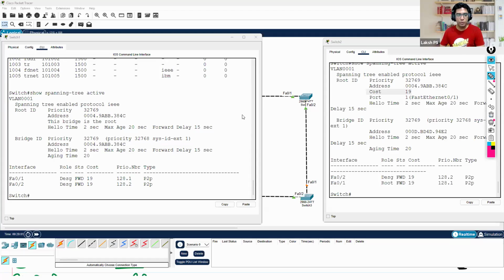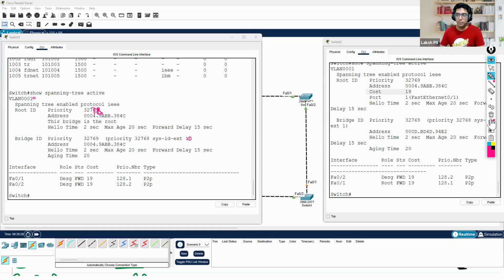So, for example, if you are running VLAN 10 instead of 1 over here, then instead of seeing 32769, you will see 32768 plus 10, and that value would be 32778.